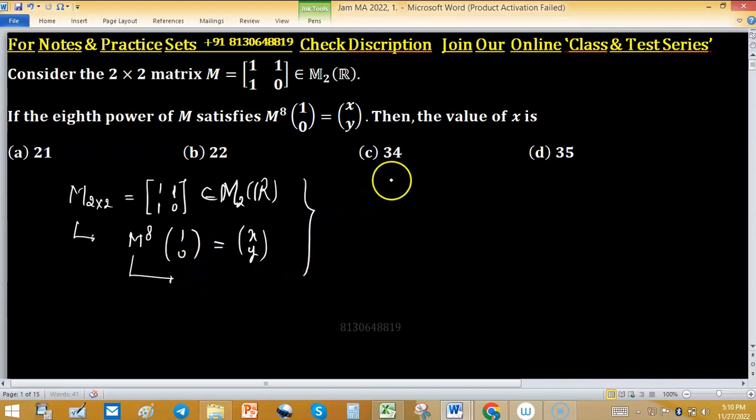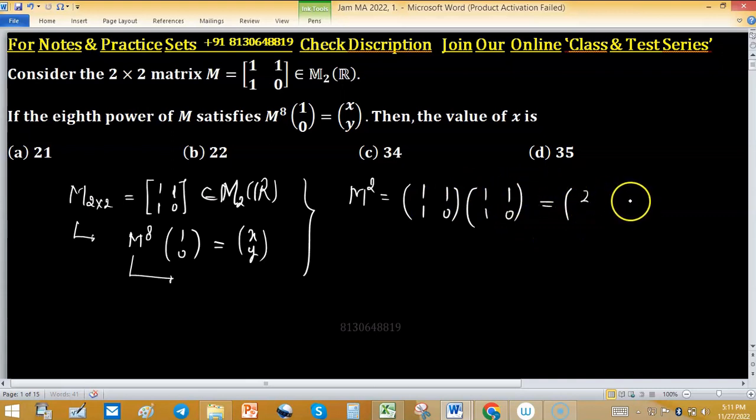So first try to find M square, which is [1 1; 1 0], and this matrix multiplied by itself gives you M square. So M square is [2 1; 1 1].